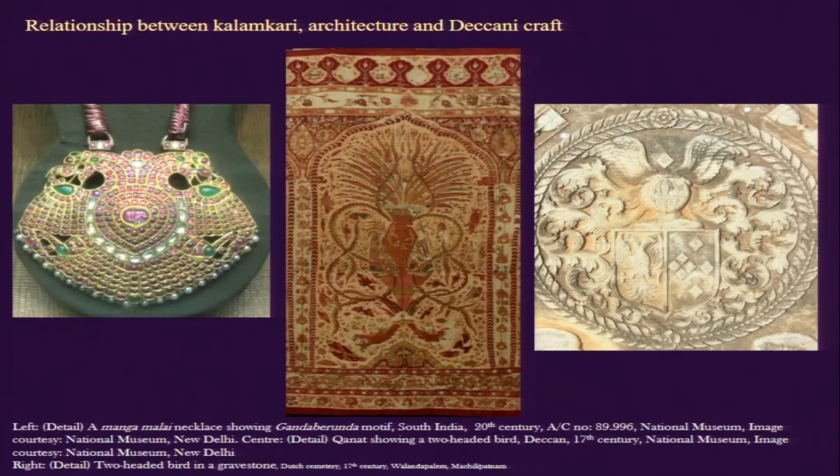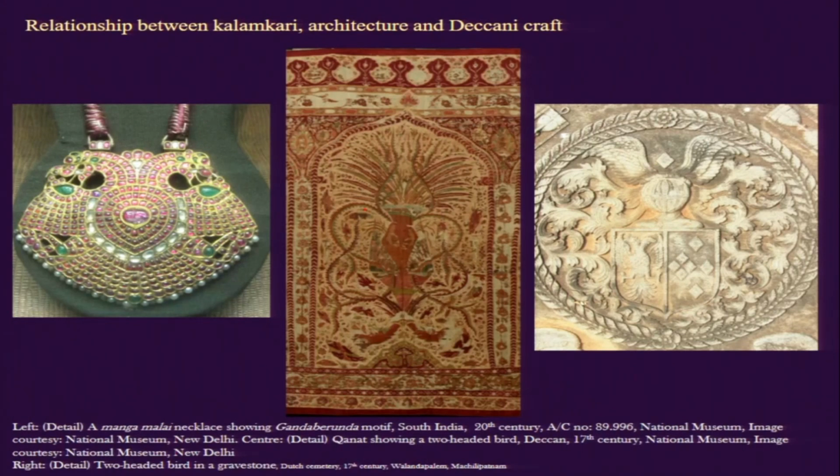Now, this particular bird is not completely the phoenix motif, with its dragon-like face, but also the iconography of this bird, a double-headed bird holding elephants in its beak, is not something found in China, but is found in southern India, and is considered Gandaberunda, one of the forms of Lord Vishnu.